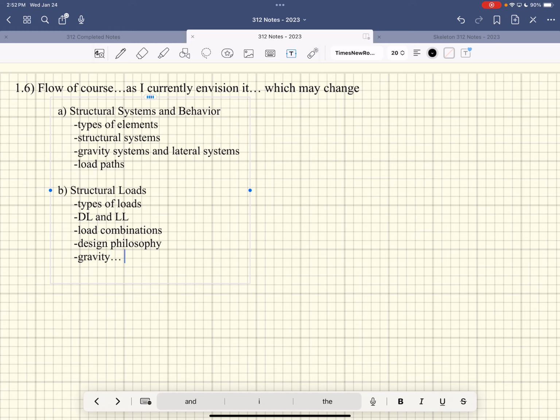Weight is basically what it is, the weight of things. And then lateral systems will be wind and earthquake. We'll dive into each one of those things.